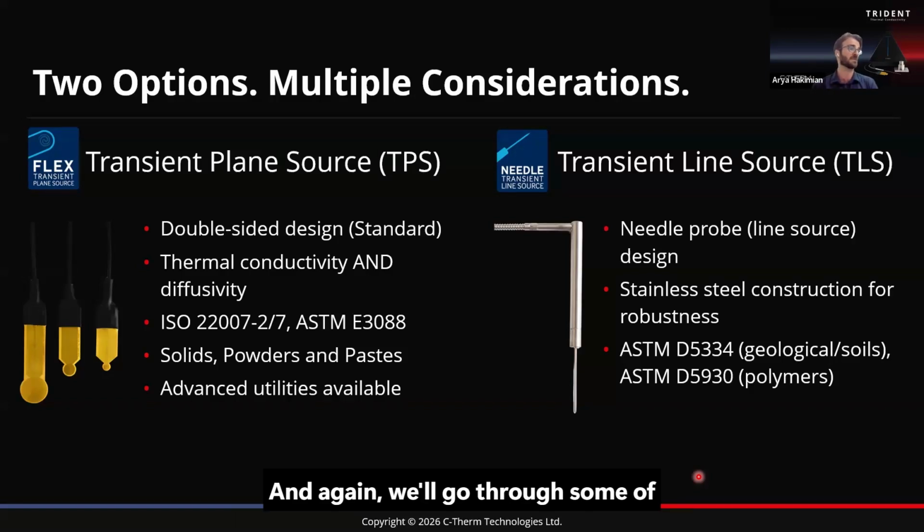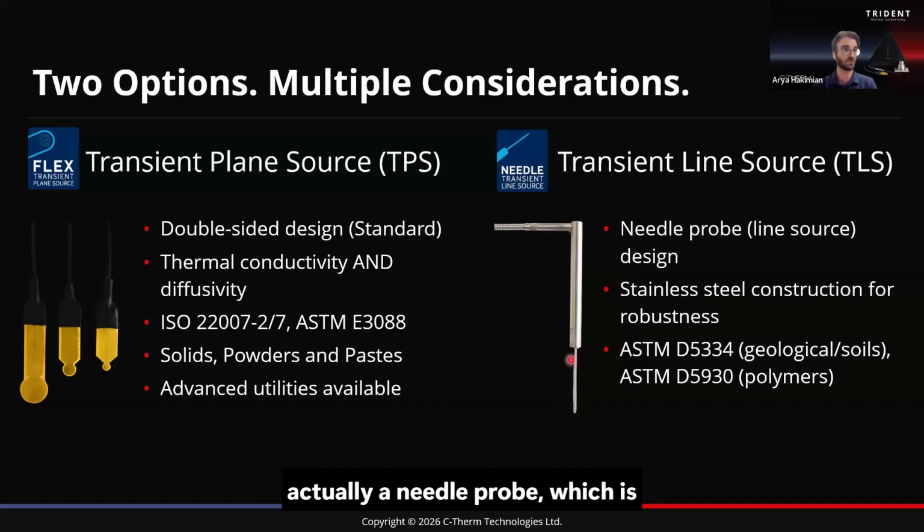One option is the transient plane source, or TPS, method. This is the flexible double-sided sensor, which conforms to the various ISO as well as ASTM standards. Another is the TLS, or transient line source. This is a non-planar style sensor.